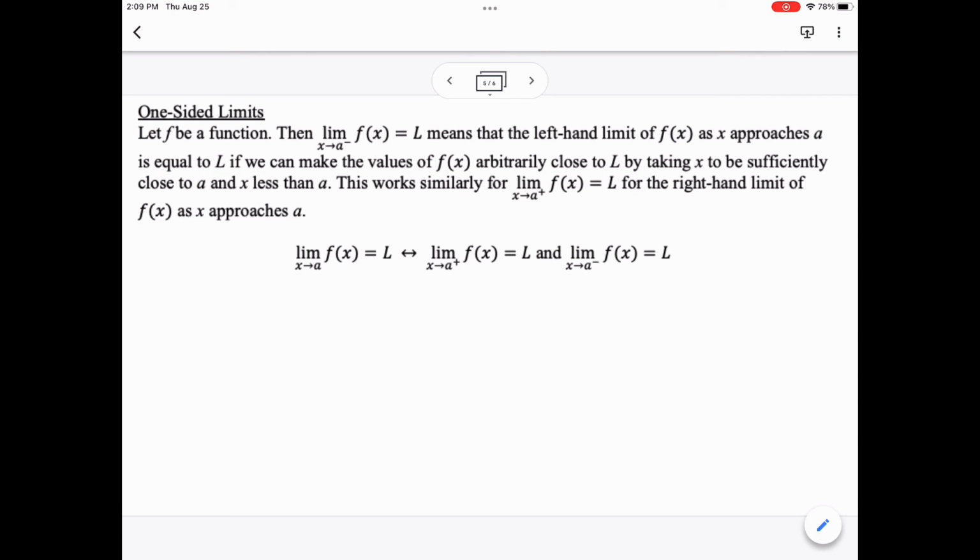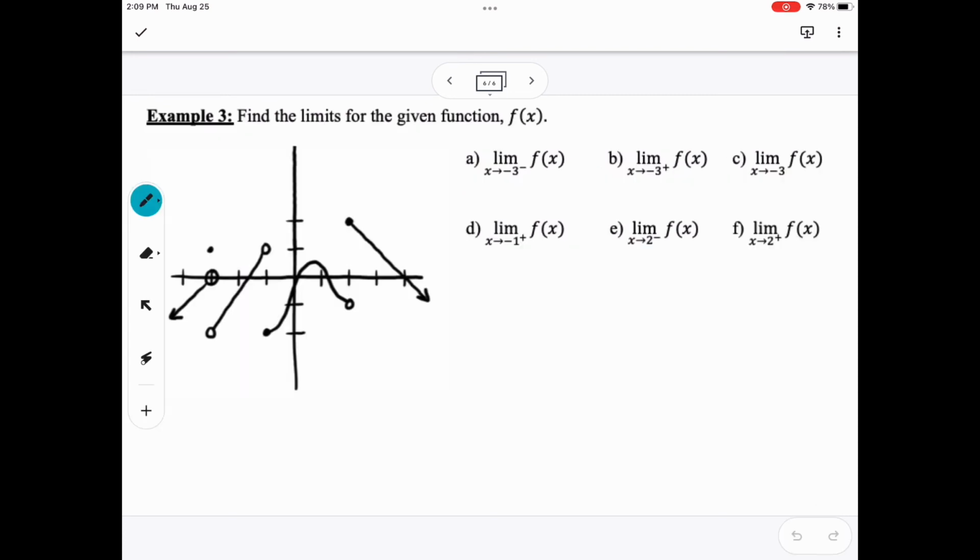So the limit on its own is from the left and the right together, but you can also look at them separately. So notice that the statement on the bottom there, if we have a limit, that means that both sides are going to the same thing.